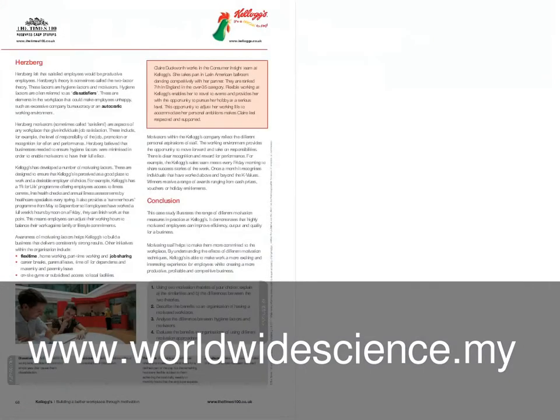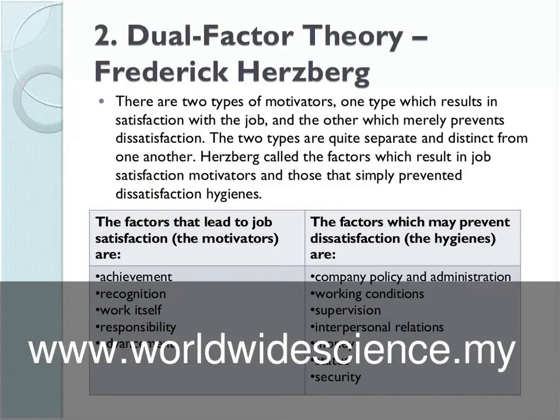Analyze the difference. Here, for example, there are the given motivator factors. Analyze why achievement is looked at as a satisfaction factor. Recognition, work itself, and responsibility. Explain those. And the other ones, you have to also explain the hygiene factors.